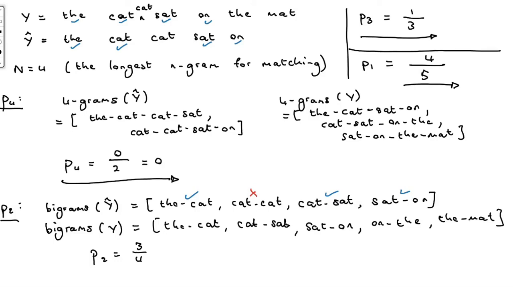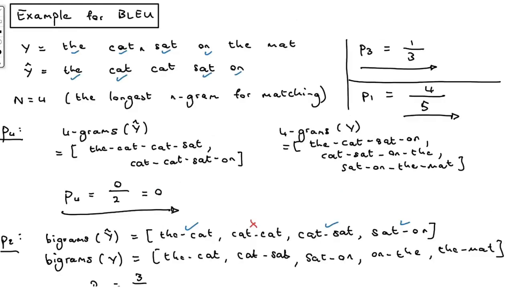Okay, does that make sense? If we had the cat, you need to keep track here. The cat sat on, and we had the cat sat on the mat, then you would get credit for this cat and this cat, but not that one because you've already used up your 2 at the top. Okay, and that's it. Let me just undo this because I would have no idea next year what I did. Yeah, okay, cool.